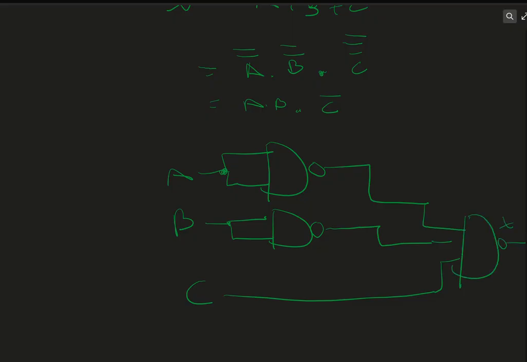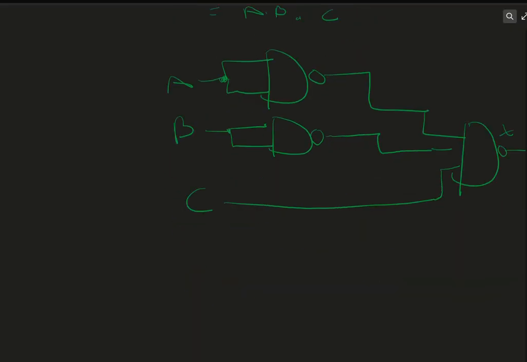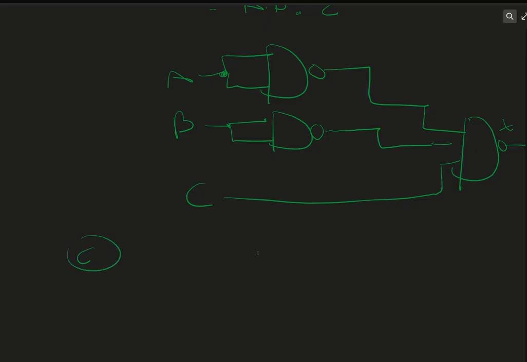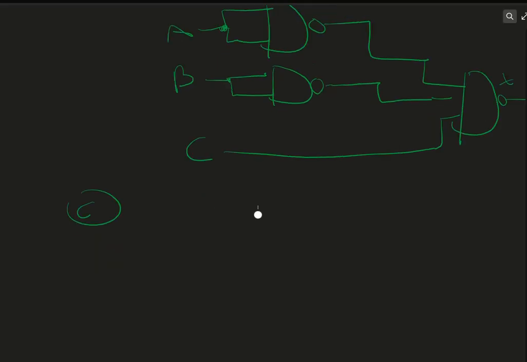So you get X, and C is just the multiplication of C. X equals A plus B, C plus D.